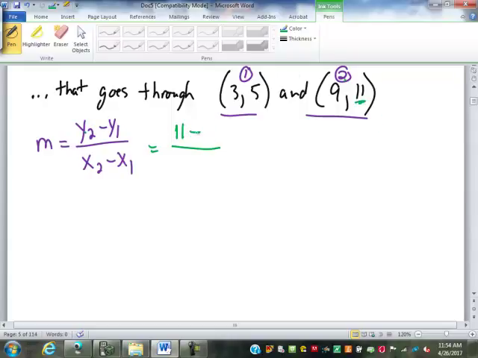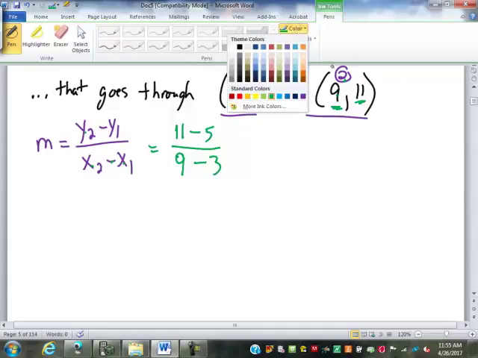Then minus 5. Good. y1 is point 1, the y-coordinate, which would be 5. On bottom, what comes first? 9. x2, it's point 2, the x-coordinate. Minus x1 would be 3.